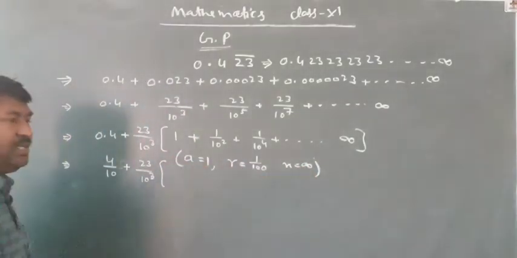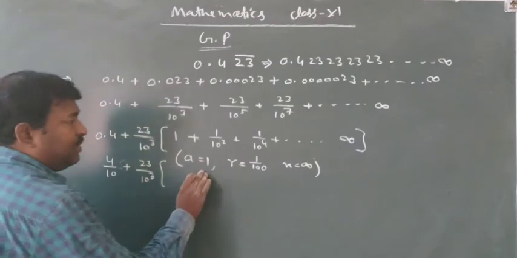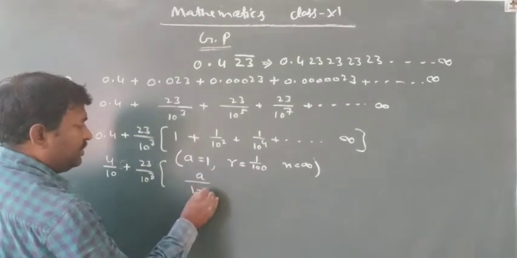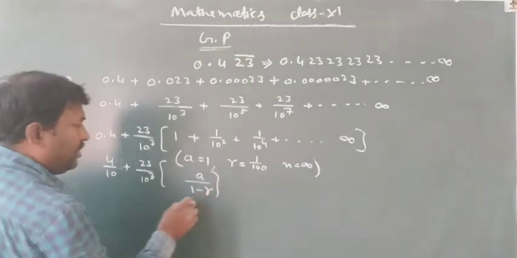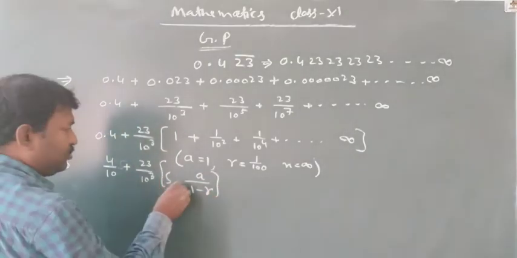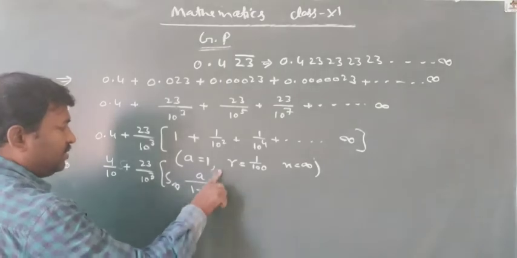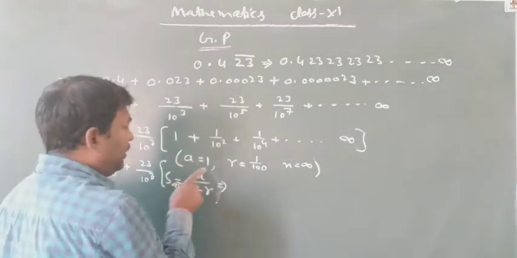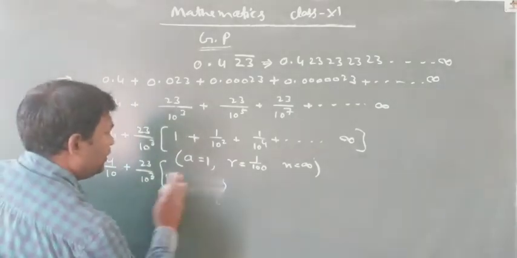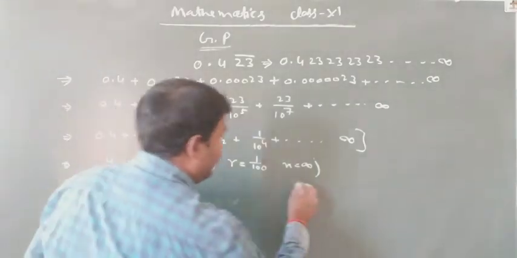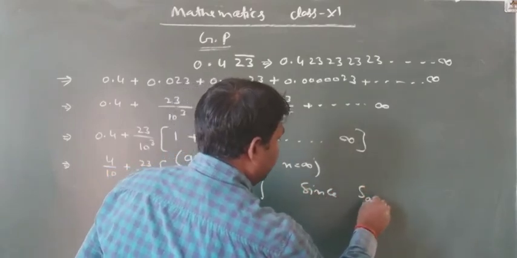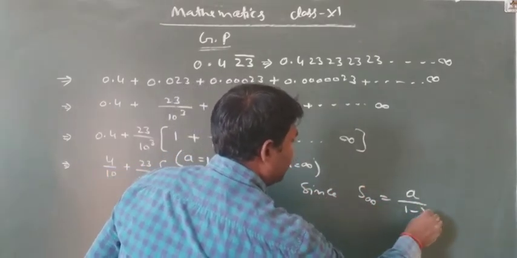So applying these cases, what do you get? The sum of infinite terms is a upon 1 minus r. Since you know the sum of infinite terms is given by this relation, S infinity is equal to a upon 1 minus r.